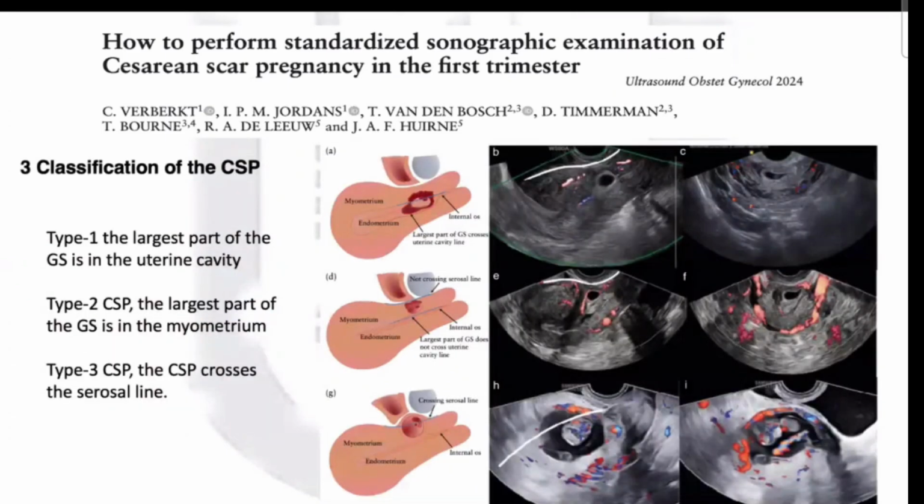And finally, we have to classify it in type 1, type 2, and type 3, according to the crossing of the cervical line or the serosal line. So you can see how this type of pregnancy protrudes versus the serosal line.